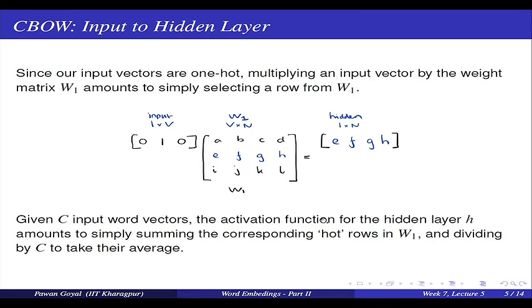The activation function for the hidden layer will simply sum the corresponding hot rows. So I pick up the hot rows that correspond to the input words and divide by c, so that I have an average representation. So now you understand what goes from input to hidden layer. You are taking c different rows from your weight matrix and averaging those. That's what goes into your hidden layer.